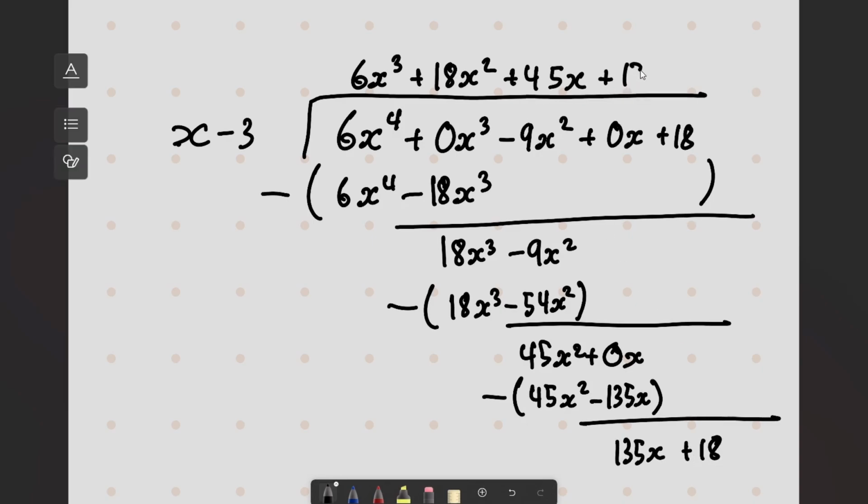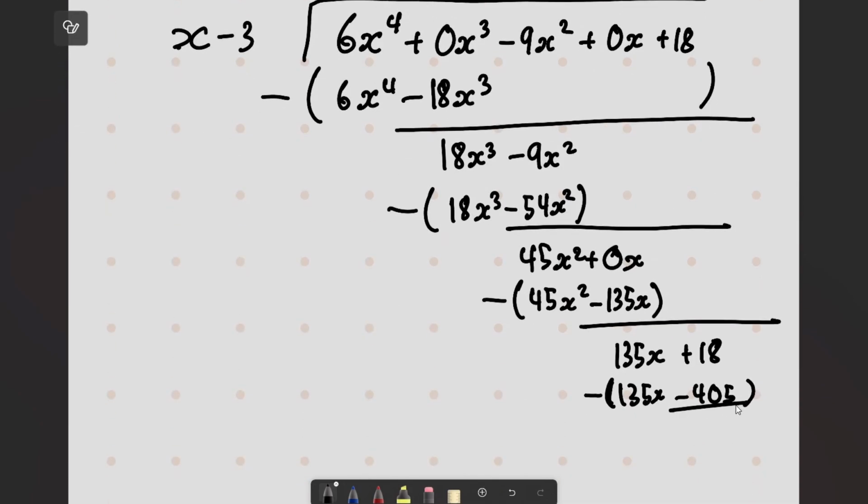Multiply this by 135 now. You're going to get 135x, 135 times negative 3, which is now negative 405. And now your remainder here is just 423.